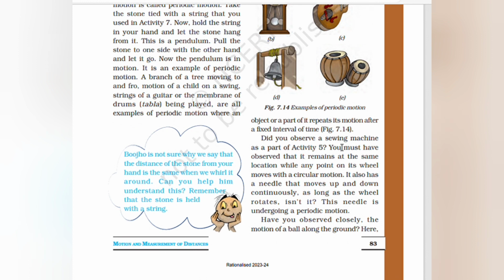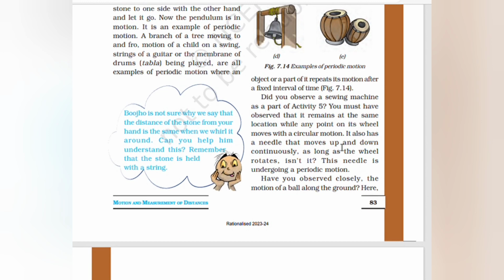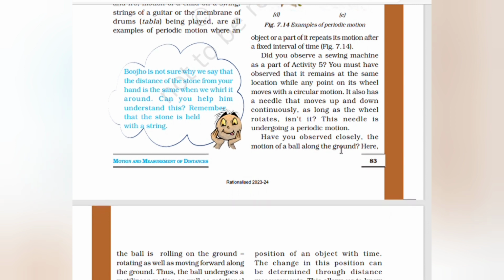Do you observe a sewing machine as a part of activity 5? You must have observed that it remains at the same location while any point on its wheel moves with a circular motion. It also has a needle that moves up and down continuously as long as the wheel rotates, isn't it? This needle is undergoing a periodic motion.